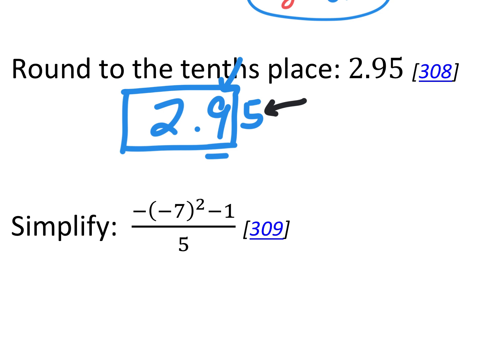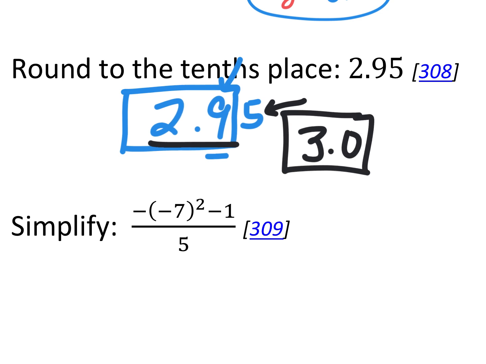Now, how on earth do you round a 9 up? Well, I think the easiest way is to think, well, this was 29, and you're going to make it a 30, except there's a decimal in it. So it's like 2.9 has to go up to 3.0. So that is our answer to how to round that to the 10th place.